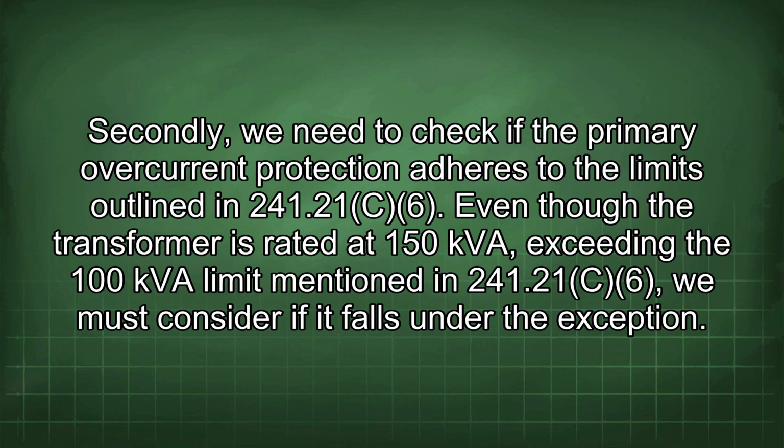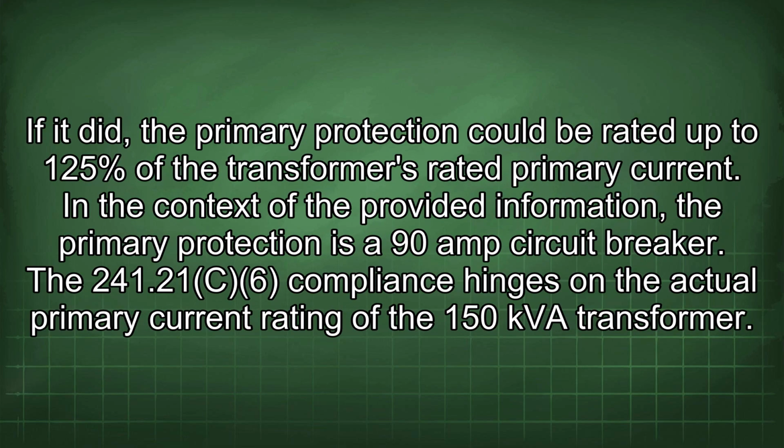Secondly, we need to check if the primary overcurrent protection adheres to the limits outlined in 241.21(C)(6). Even though the transformer is rated at 150 kVA, exceeding the 100 kVA limit mentioned in 241.21(C)(6), we must consider if it falls under the exception. If it did, the primary protection could be rated up to 125% of the transformer's rated primary current.